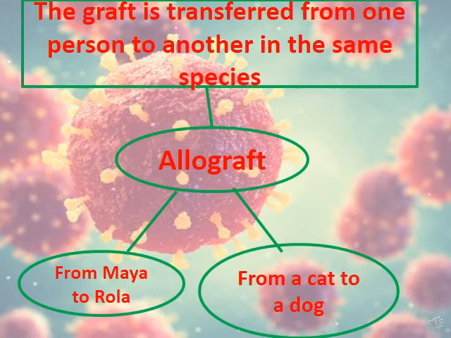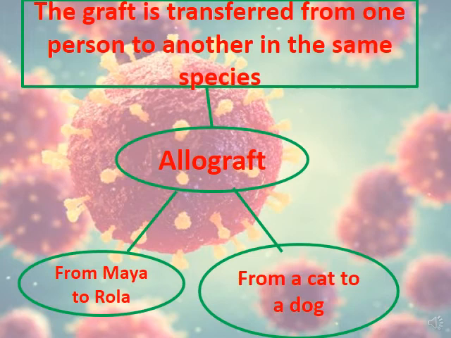allograft. This graft, allograft, is done between one person and another in the same species. For example, from Hassan to Maya, from Ali to Rewa, from Celine to Sabine, from Sabine to Zahra. All of them belong to the same species. Here, for example, the graft is transferred from one person to another in the same species.